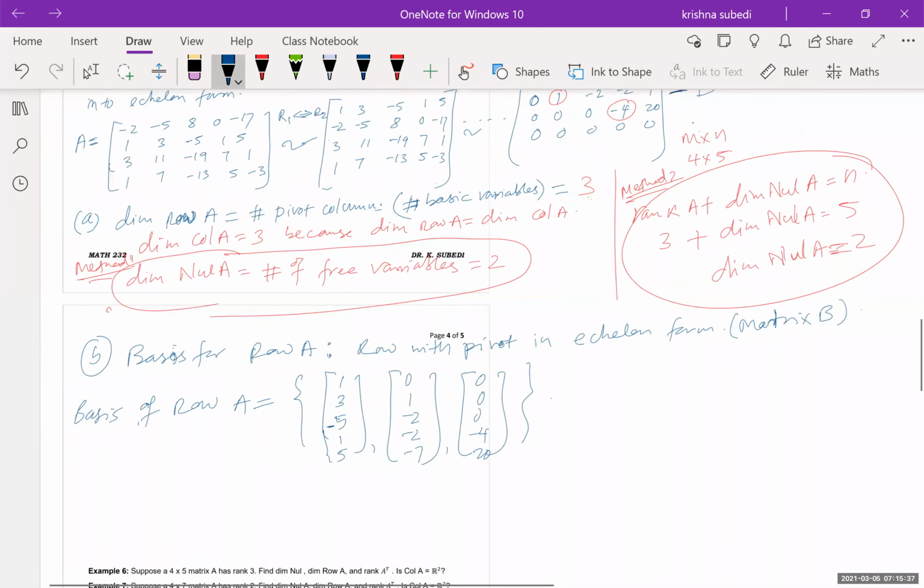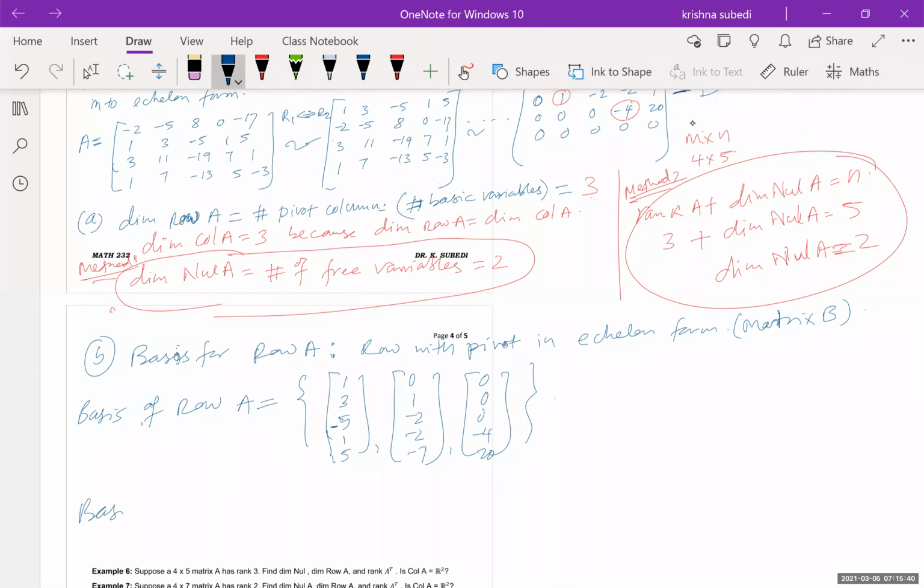And now the basis of the column space of A. The column space of A is given by the pivot columns from the original matrix, which is matrix A in this case.